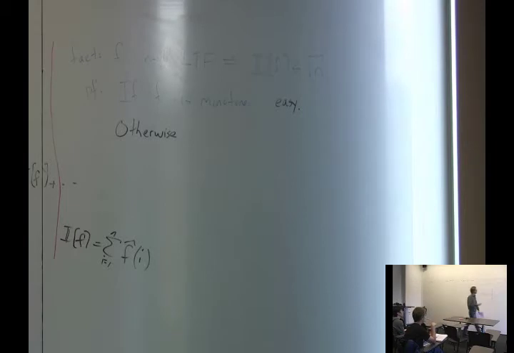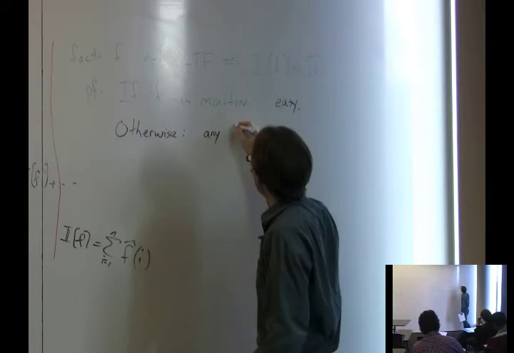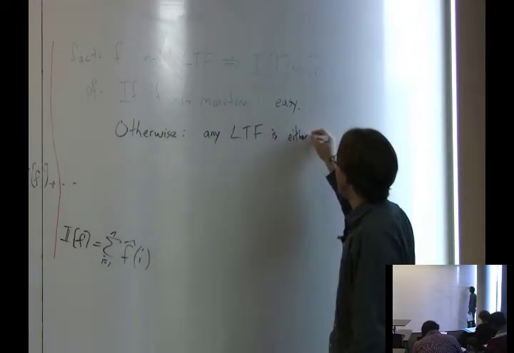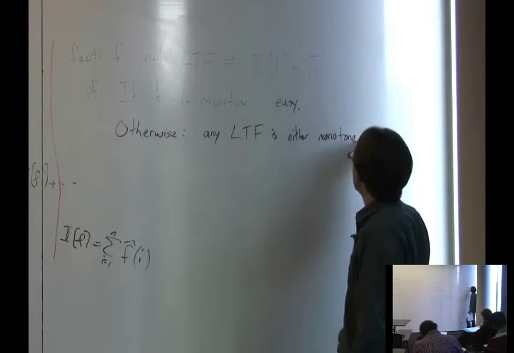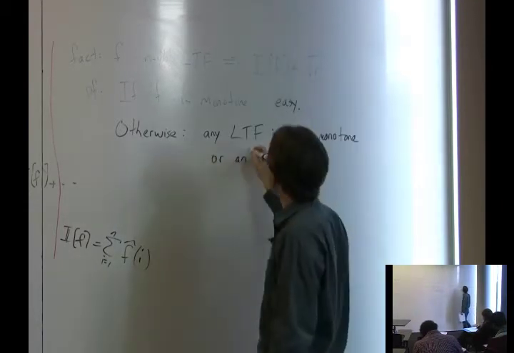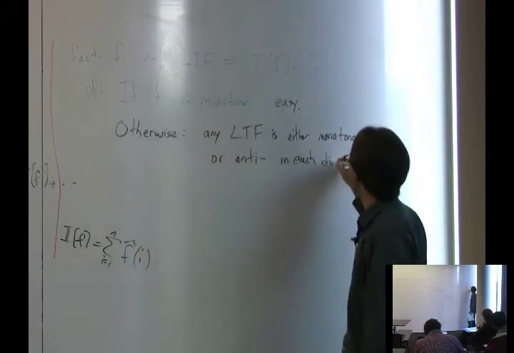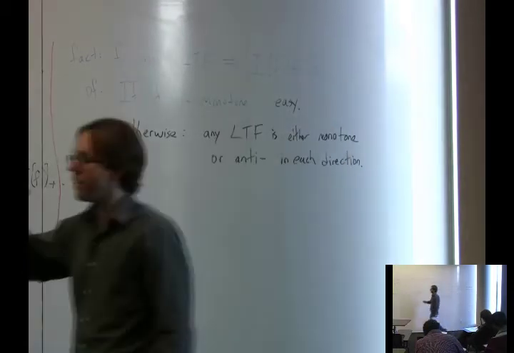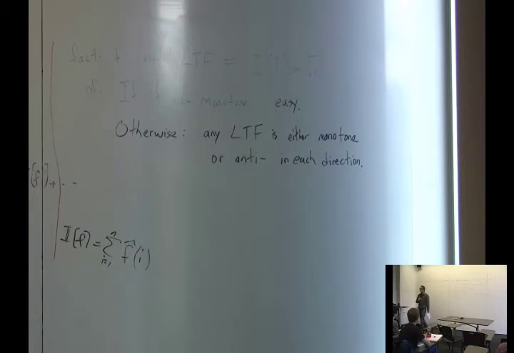So any LTF is either monotone or anti-monotone in each direction. So you could flip the sense of what true and false are for some input coordinates and make it monotone.